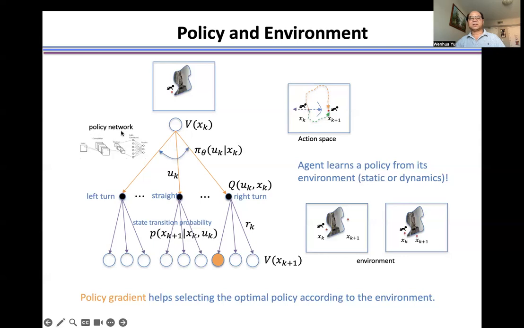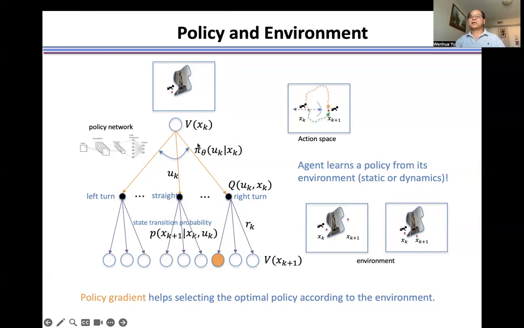For example, this policy network can help us select this policy in this dynamic environment to get the maximum reward. That's the relation between the agent, the environment, and how we can use the policy gradient to find this policy to reach the maximum reward.